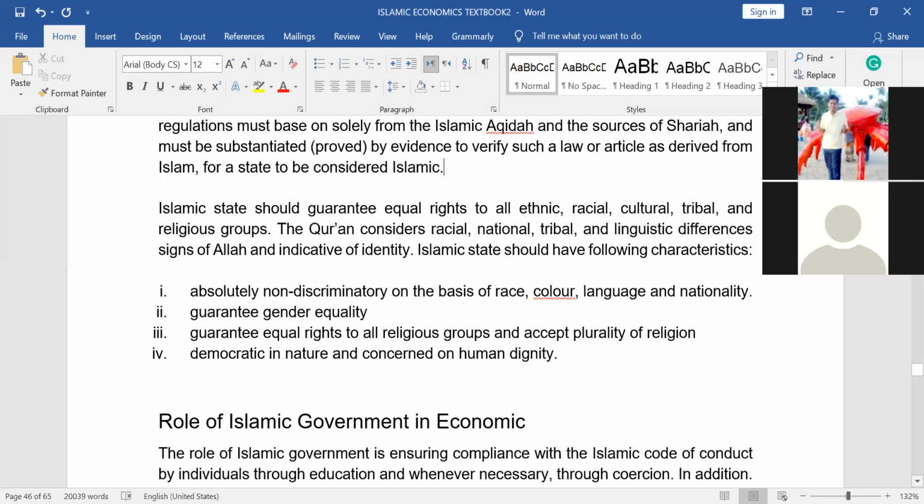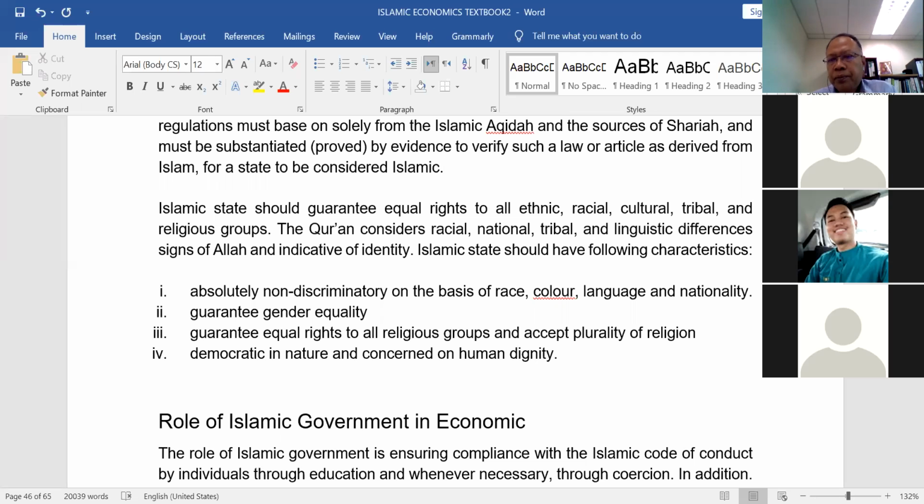Guarantee equal rights to all religious groups and accept plurality of religion. Negara Islam membenarkan penganut-penganut agama lain mengamalkan agama masing-masing. Democratic in nature and concerned on human dignity.